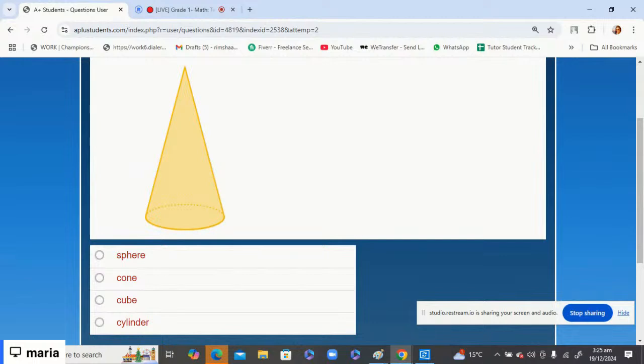Now tell me, is that a cone? There is the vertex, there is a curved part, there is a circle part. So you can say that yes, it's a cone, because it's not a cube and not the shape of a cylinder. So option B, let's go with it.